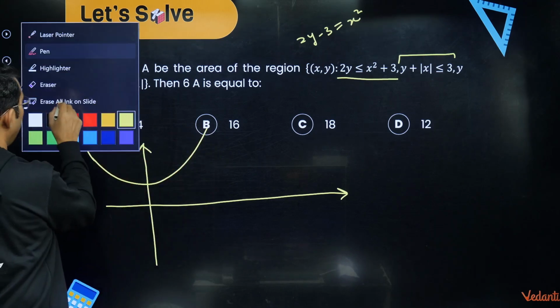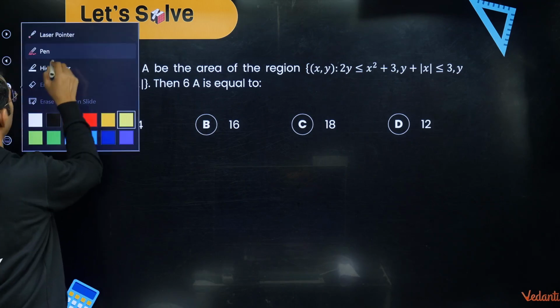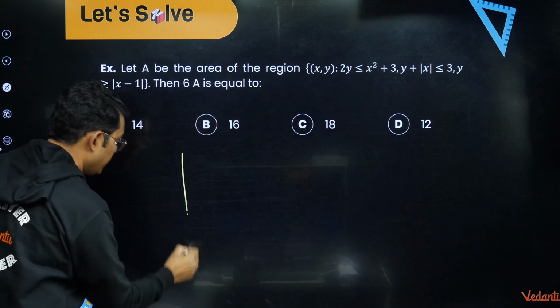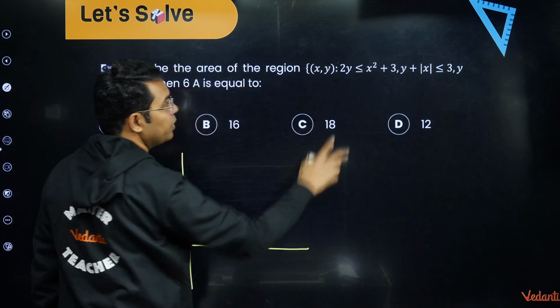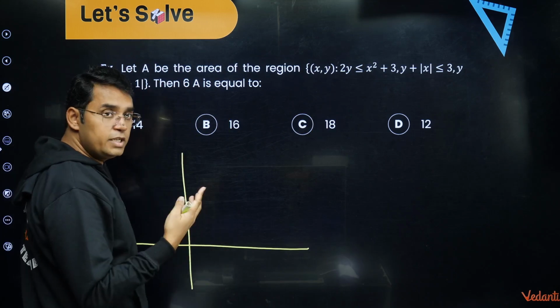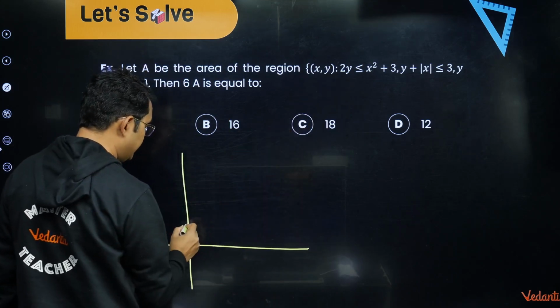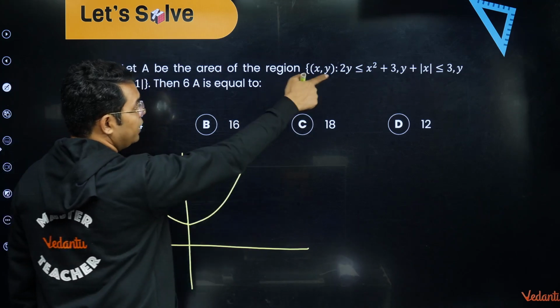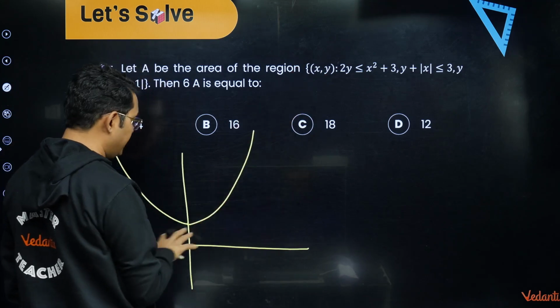Let me draw this again. You can see y equal to x square plus 3 by 2. So it is an upward parabola whose vertex is at y coordinate 3 by 2. This is how your graph would be, and y is less than this thing, so it will be below this parabola.